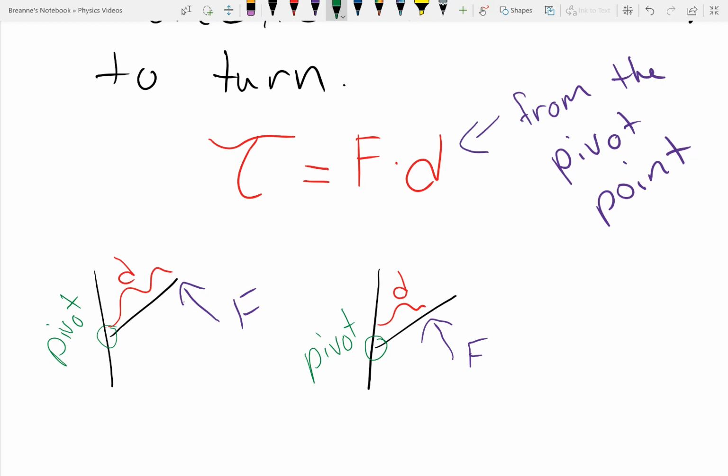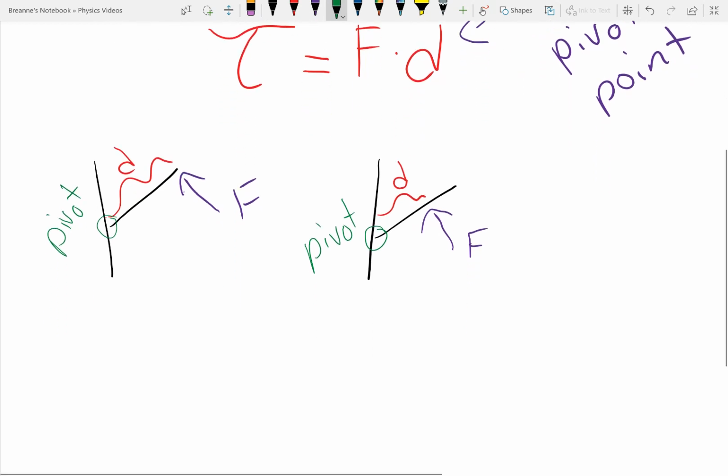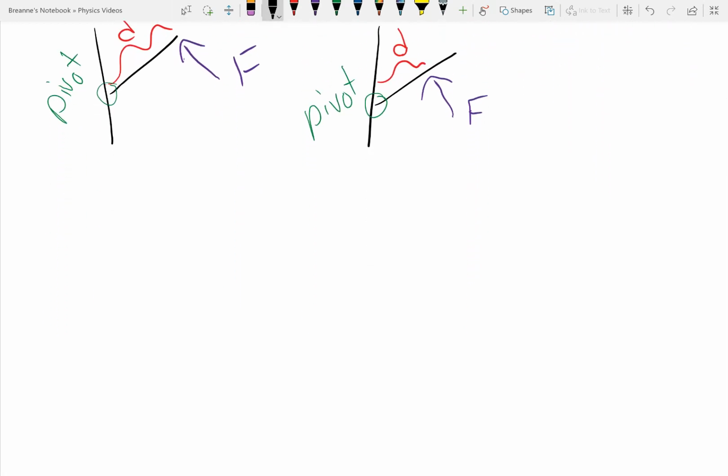Now, a lot of the examples we did in class were of a seesaw. You had a beam with a support, and you might have had a kid over here and a kid over here, and you would have to find the distance or the force of said object.